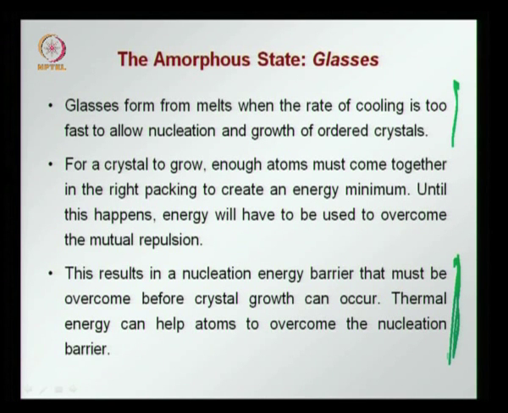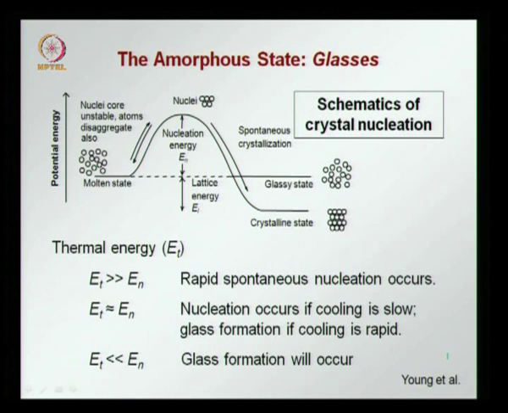Thermal energy or heat can help atoms overcome the nucleation energy, you need a certain amount of heat for the nucleation to occur, and that is shown schematically here, where we see the potential energy, how it is changing as the state is changing. This is the potential energy, and we go from a molten state to a solid state passing through a nucleation state.